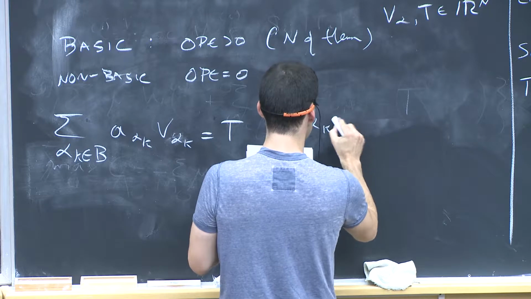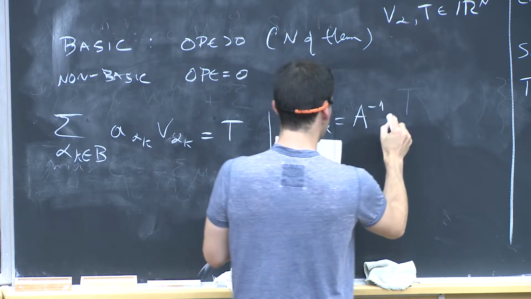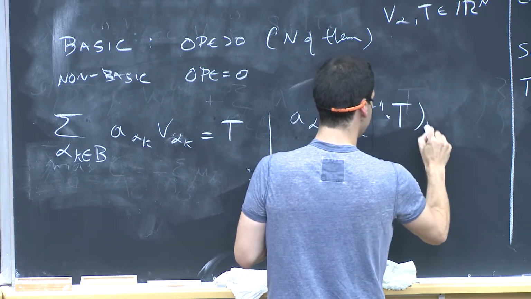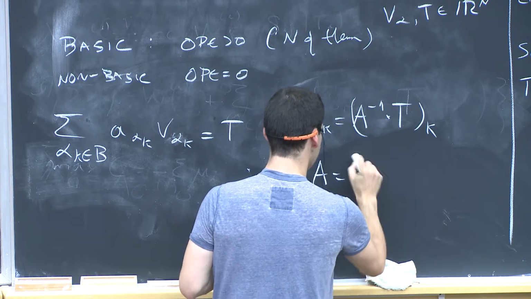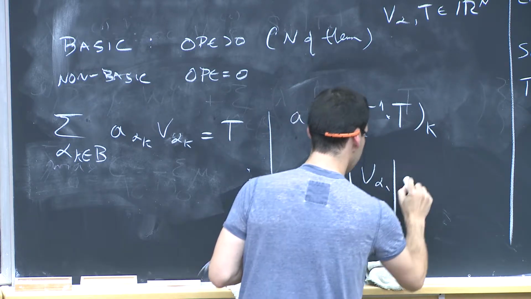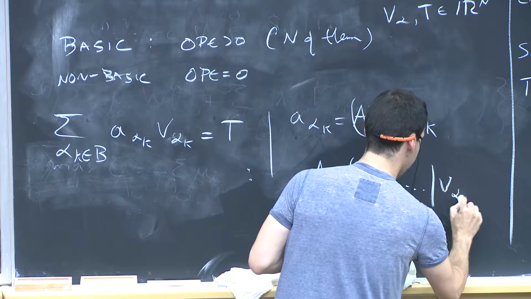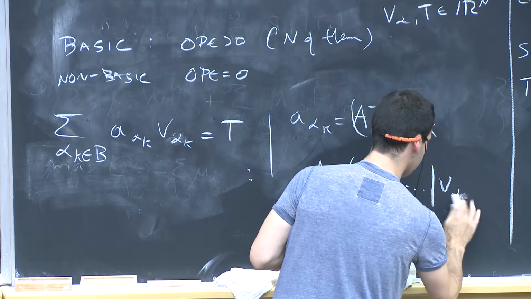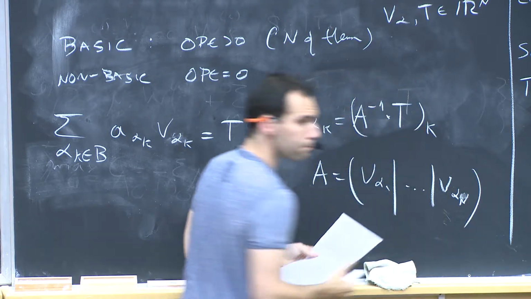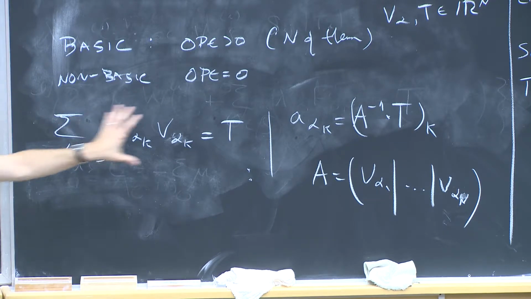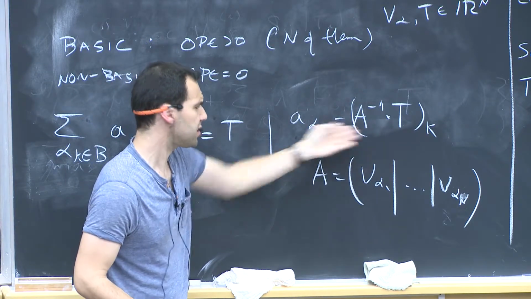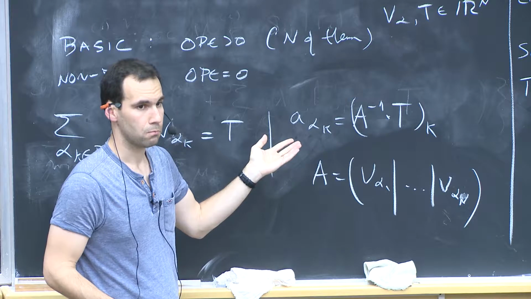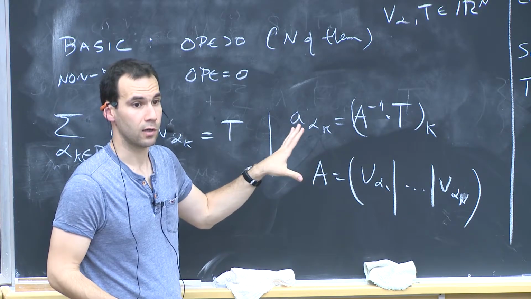A alpha k is simply the inverse matrix dotted with T, component k, where the matrix has columns V alpha 1 through V alpha n. So you take your n vectors, put them in a matrix, you invert the matrix, and you find the coefficients. Just linear algebra.